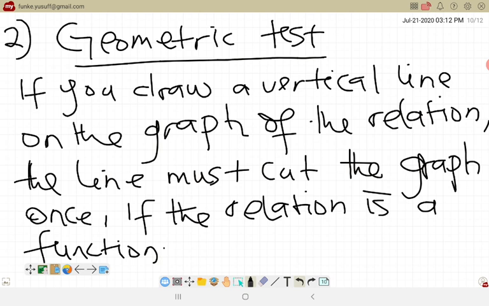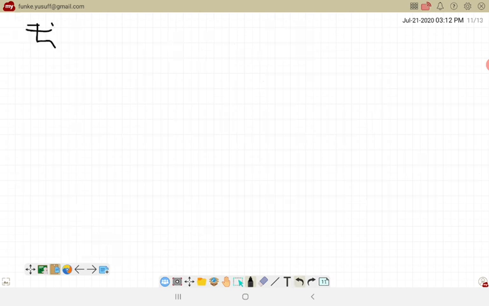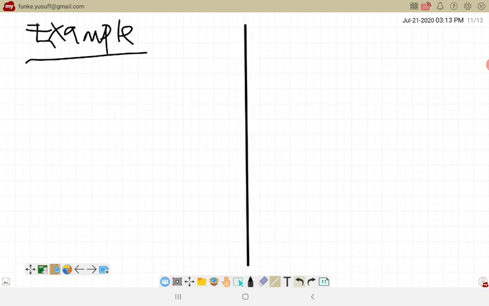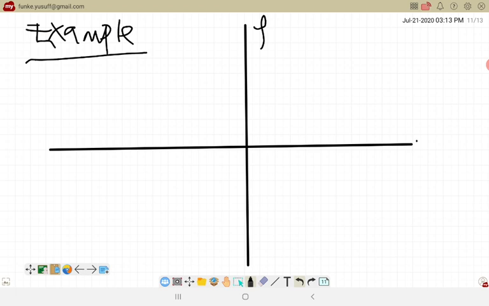For example, consider this graph. This is y and this is x.